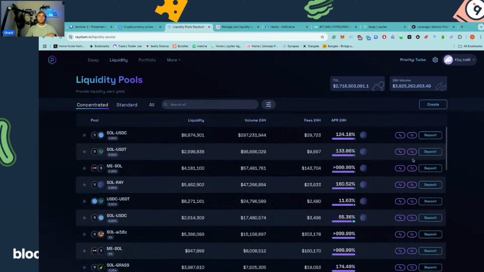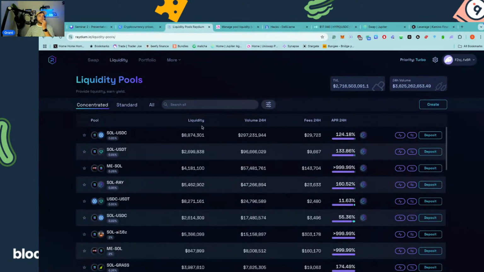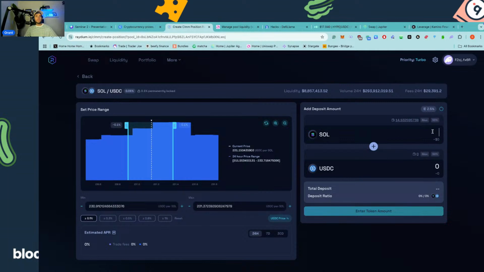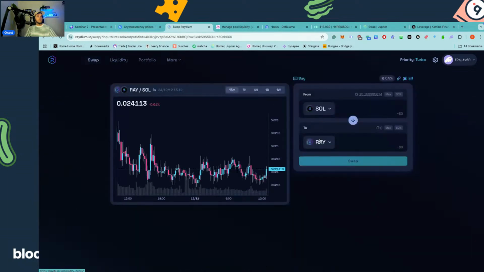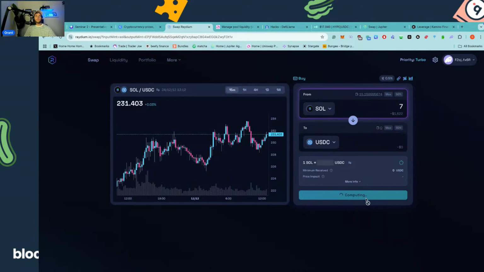So we understand how that works. Any of these tokens, you should basically be able to know how to deposit in. Let's say we're doing Sol USDC. So I'm going to provide some liquidity now on Raydium.